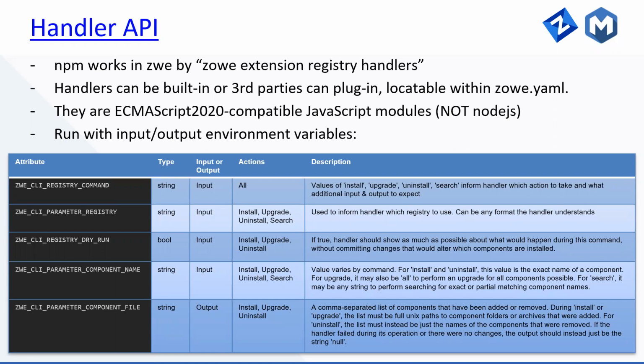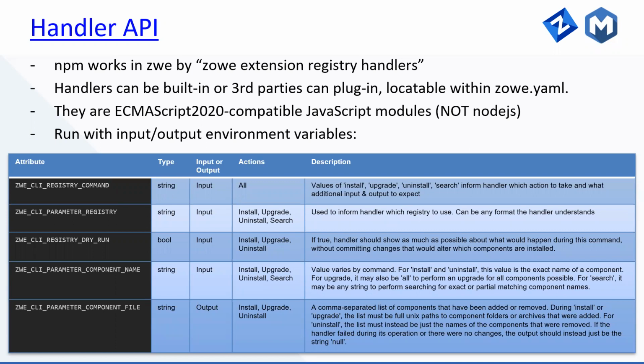Basically, handlers are standalone JavaScript files that are given input in the form of environment variables to do whatever action is requested, and then should be returning an output on standard out that contains the value ZWE_CLI_PARAMETER_COMPONENT_FILE equals some comma separated list of things that you either installed or uninstalled.